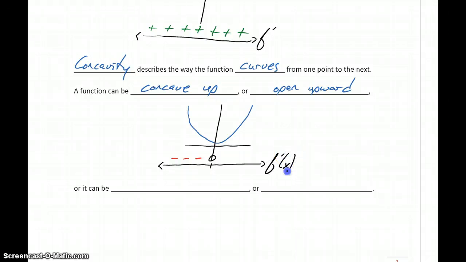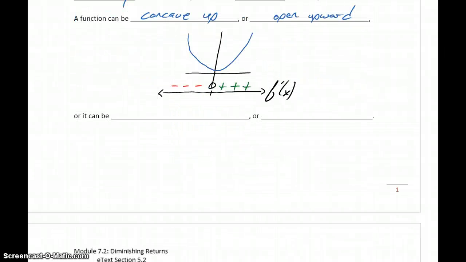If we look at the first derivative of our function, we have a critical value. We see that our function is decreasing and changing to increasing. So a curve that's concave up can either be decreasing or increasing. So it's not about whether our function is increasing or decreasing, it's about the direction of the curve.